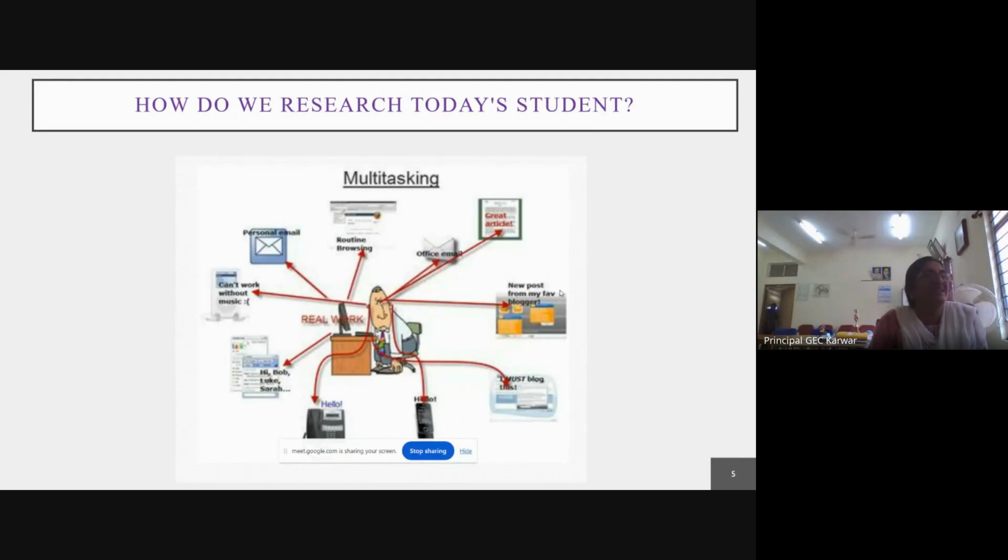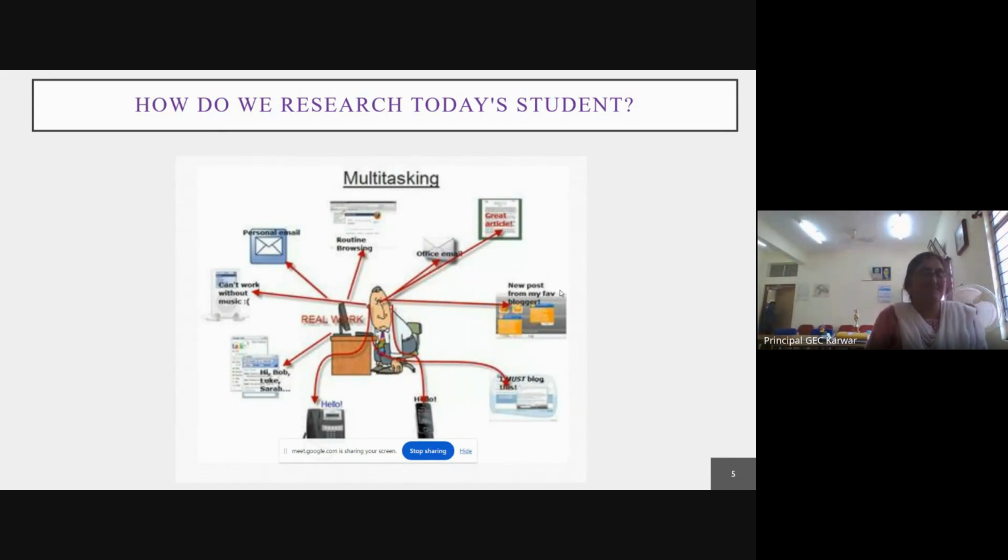Because they are all multitasking, performing a number of tasks in rapid succession. We can see here the student wearing earphones, eating, seeing emails, and talking over the phone. All these tasks, they perform together. Research has shown that our brains are not nearly as good at handling multiple tasks as we like to think they are.